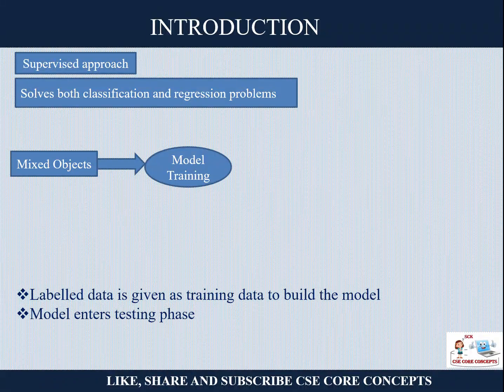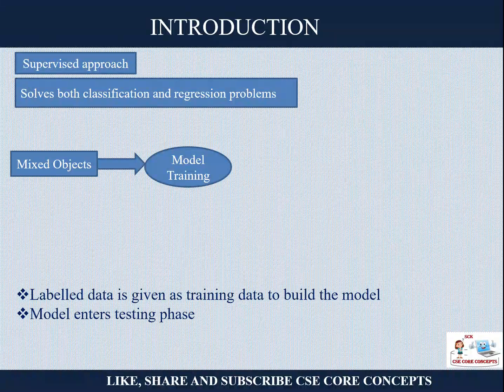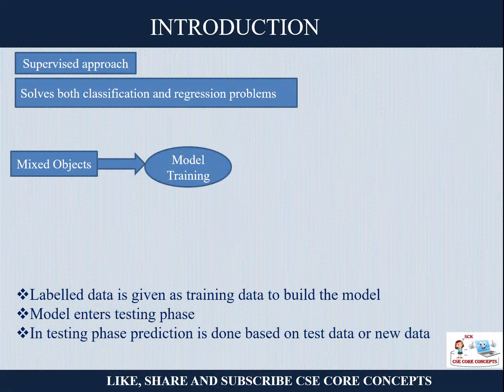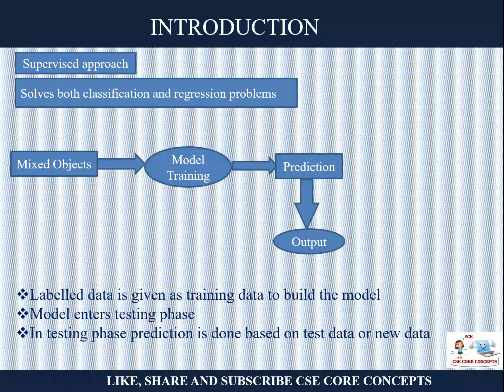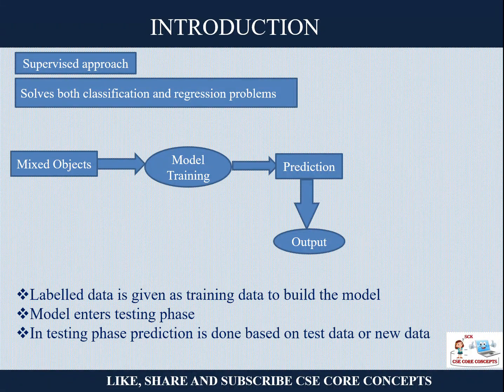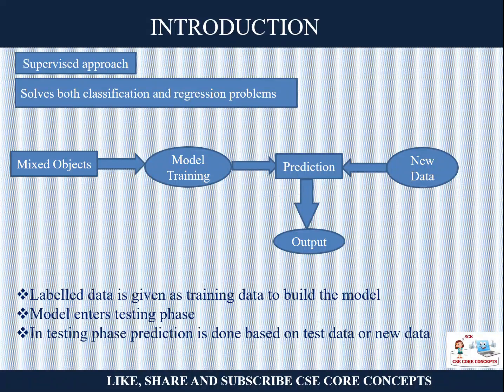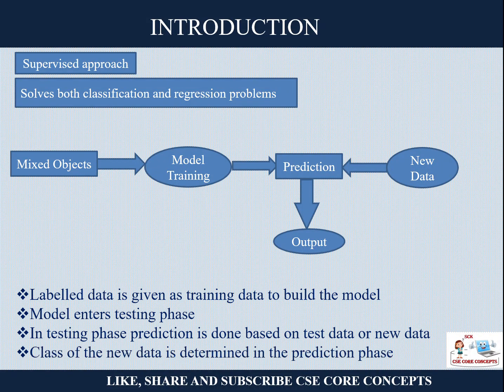We have built our model, and in testing, the prediction is based on the test data, that is new data. You add some new data and you get the output. In the output, we determine the class of the test data. This is what is done in the supervised approach, which is the same for all the cases.